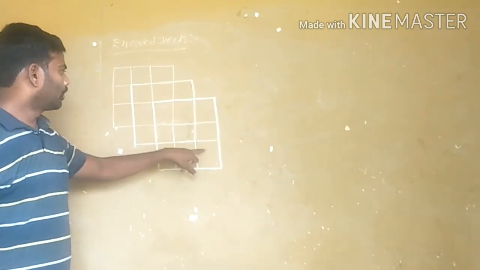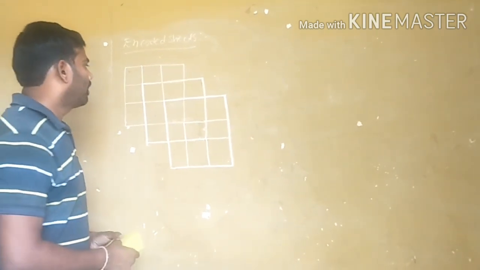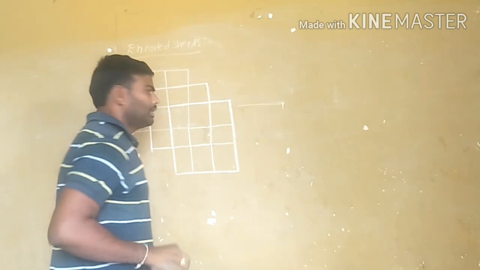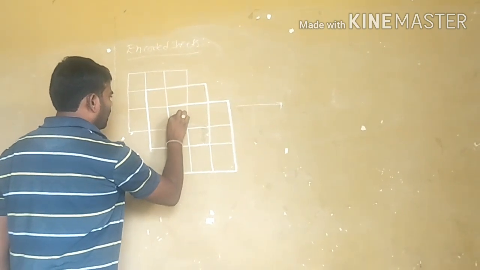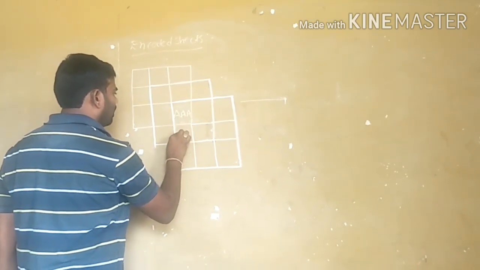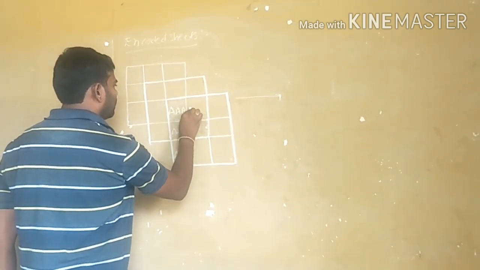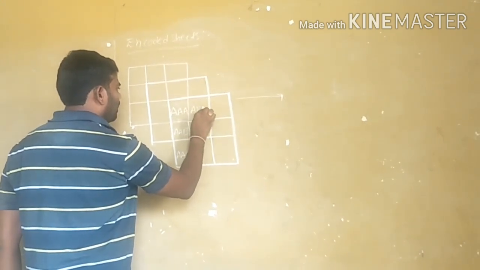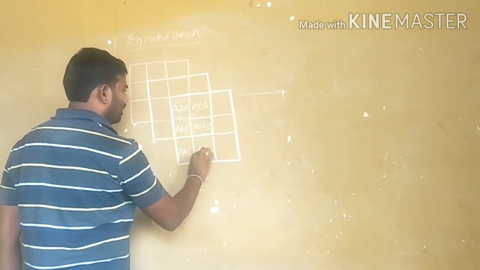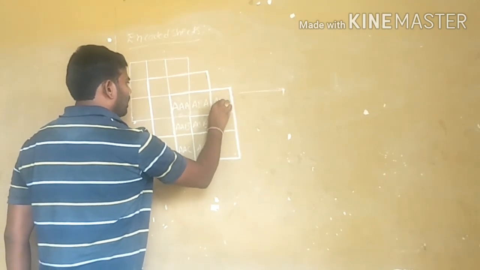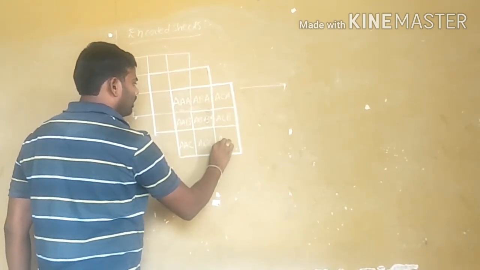Three sheets: top sheet, middle sheet, and the bottom sheet. And these are coded first. This is AAA, AAB, AAC. Next ABA, ABB, ABC. Next ACA, ACB, ACC.